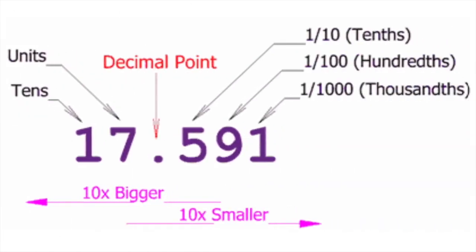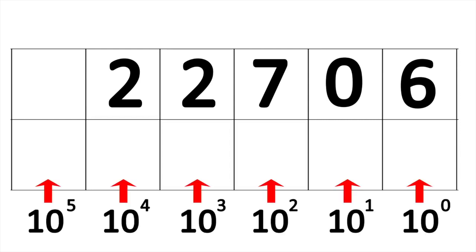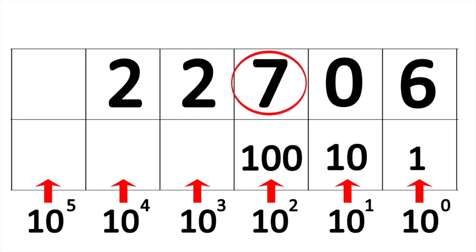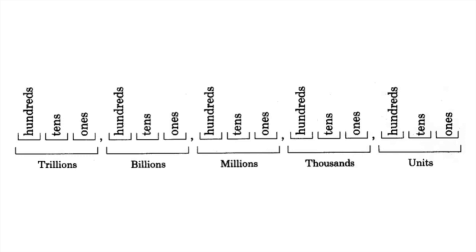This system is very efficient compared to tally marks because each digit we add exponentially increases the amount of things we can represent. Because in this system we add a new digit every 10 things, each digit represents an increasing power of 10. This is the number of ones we have, the number of tens, the number of hundreds, the number of thousands, and so on.